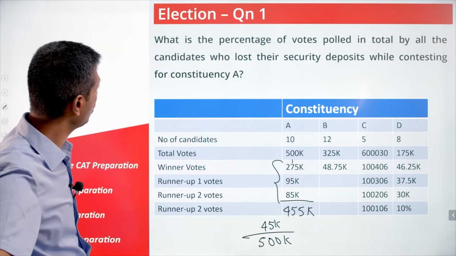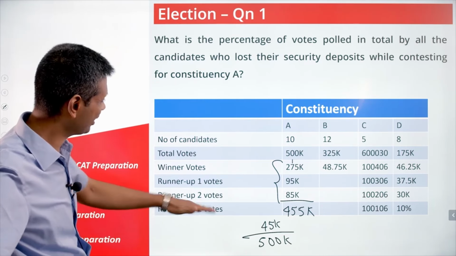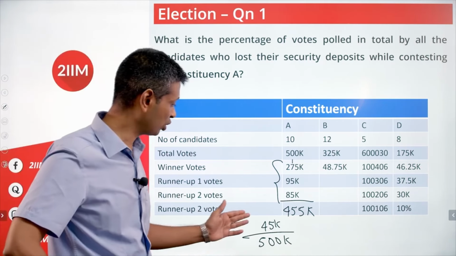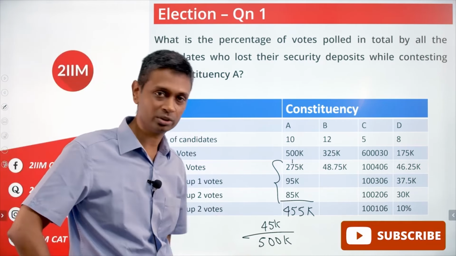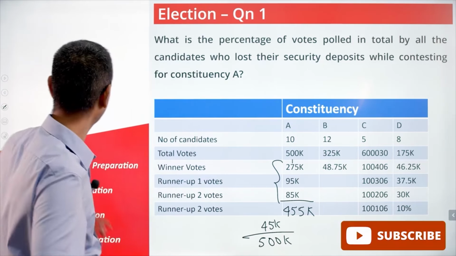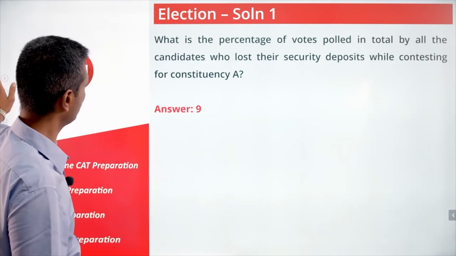So all candidates below this, leaving out the top 3, remaining 7 candidates put together polled 45,000 votes out of 500,000. That is a percentage. 45 by 500 into 100. 45 by 5, 9%. Yep, it was.